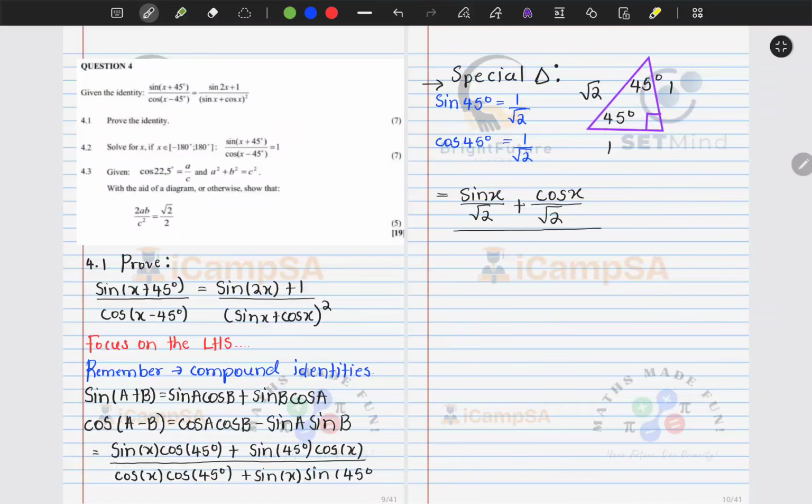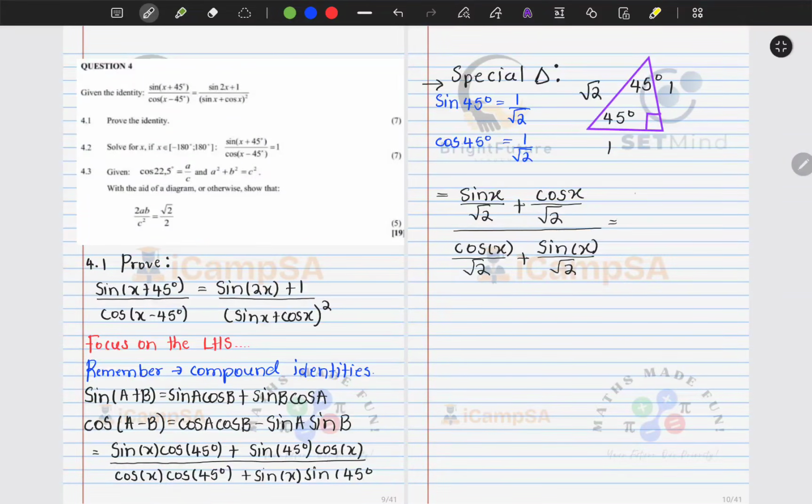For our denominator, we have cos of x multiplying with cos of 45, which is divided by square root of 2, and then plus sine of x times sine 45, which is sine of x all divided by square root of 2.